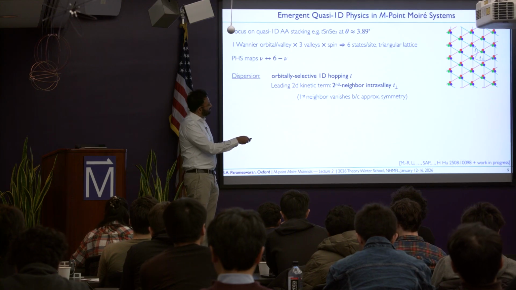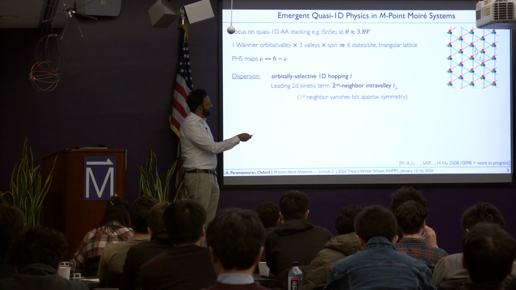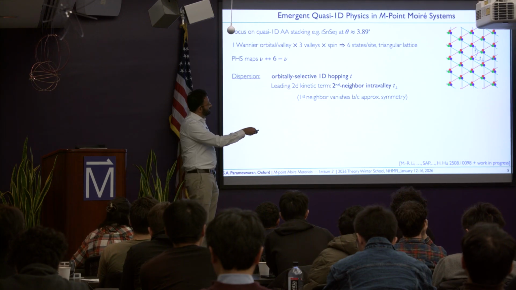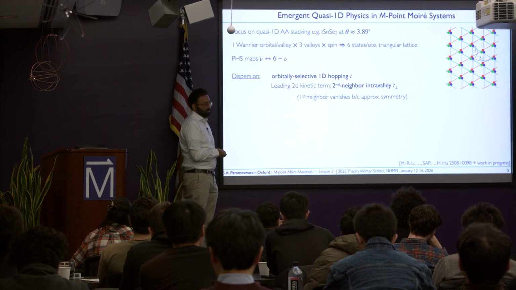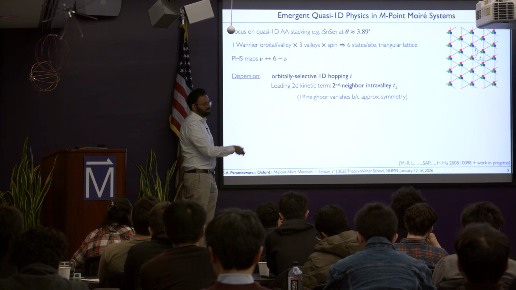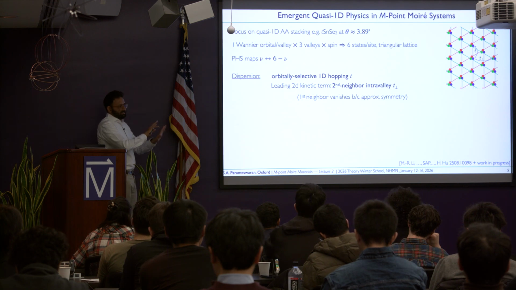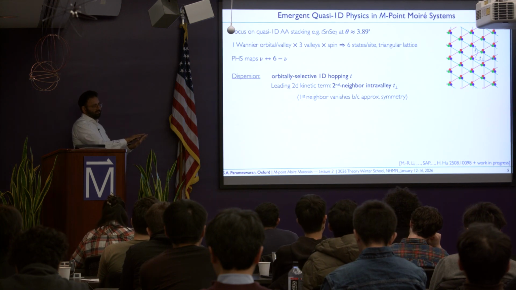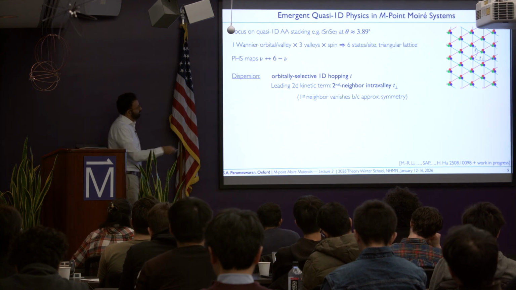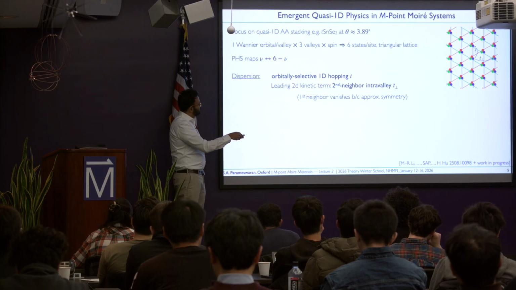This blue orbital can only hop to blue orbitals vertically above and vertically below it. It can't hop to the side at leading order. Similarly, the red orbital can hop along this principal direction of the triangular lattice, and the green orbitals can hop along that direction. So you have this set of stripes in different colors, and they're rotated by 60 degrees, 120 degrees with respect to each other.